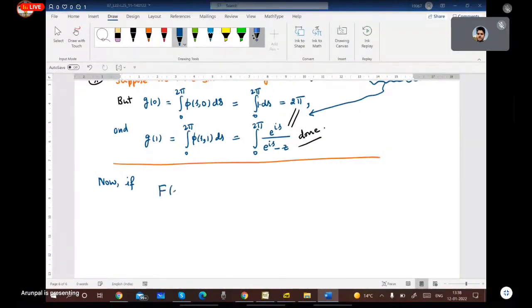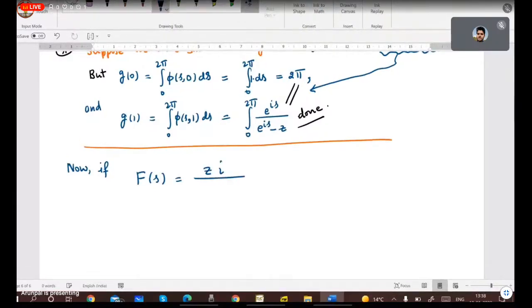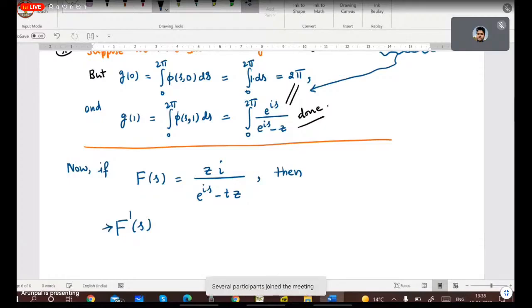Now if F of s is equal to zi upon e to the power is minus tz, class, then if you take its derivative with respect to s, this is nothing but the derivative of capital F with respect to s, the ordinary derivative, certainly, because here s is the only parameter.